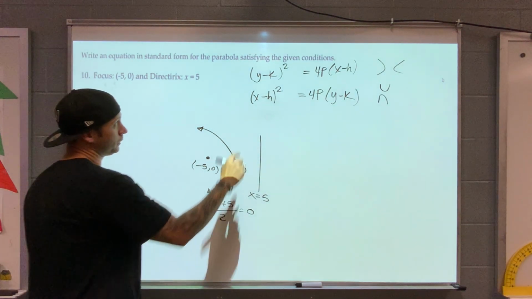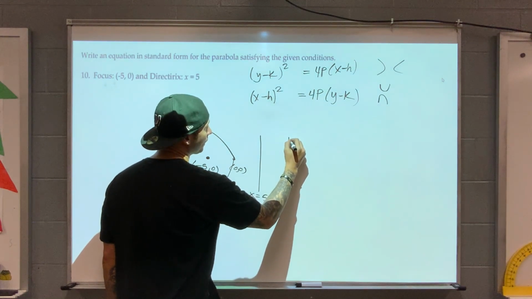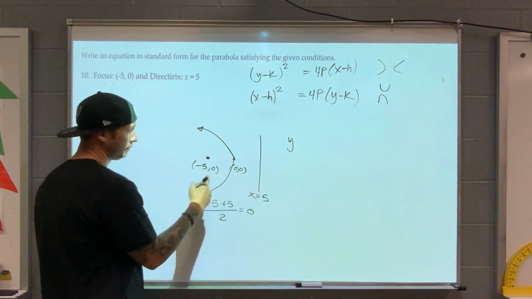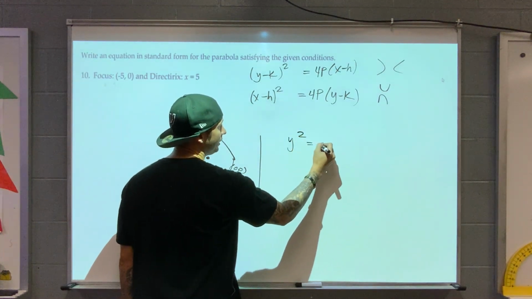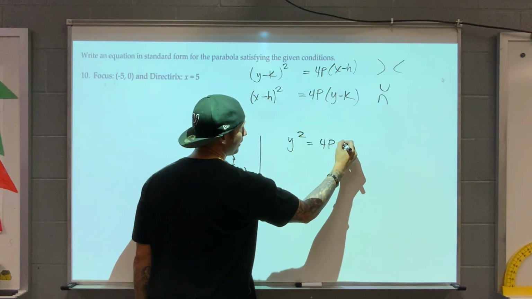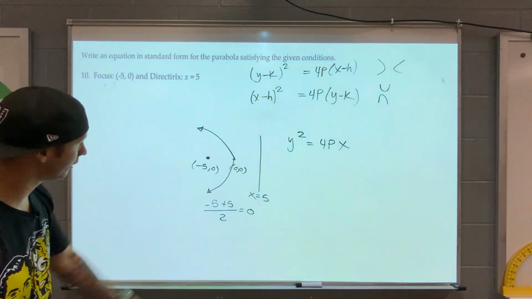Okay, so let's start plugging these things in. Y minus 0 squared is equal to 4p x minus h, which is 0. Right, vertex is at hk.